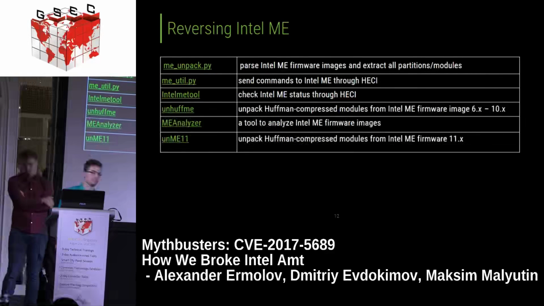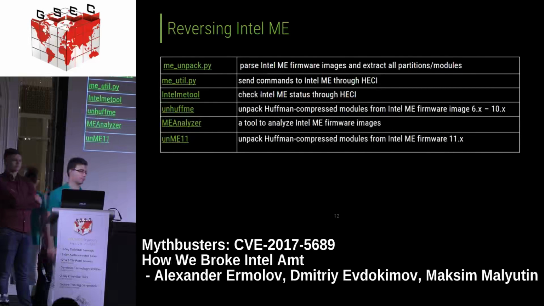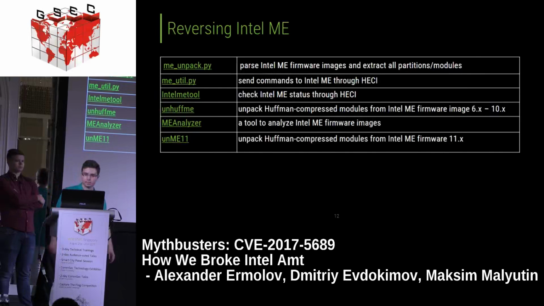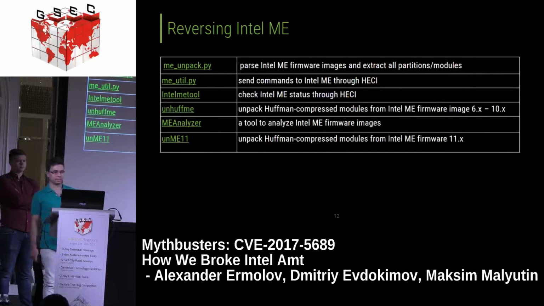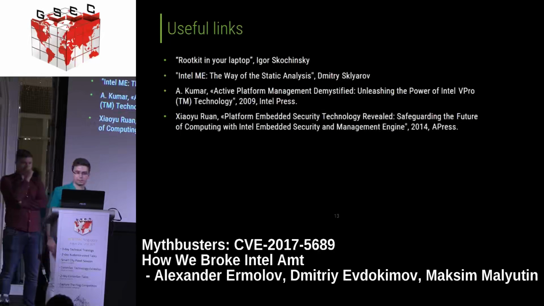So if you're interested in reverse engineering the Intel ME firmware, you will need to disassemble and decompress the script presented here. Keep in mind that this presentation will be available on our website, so don't worry about copying everything down right now.